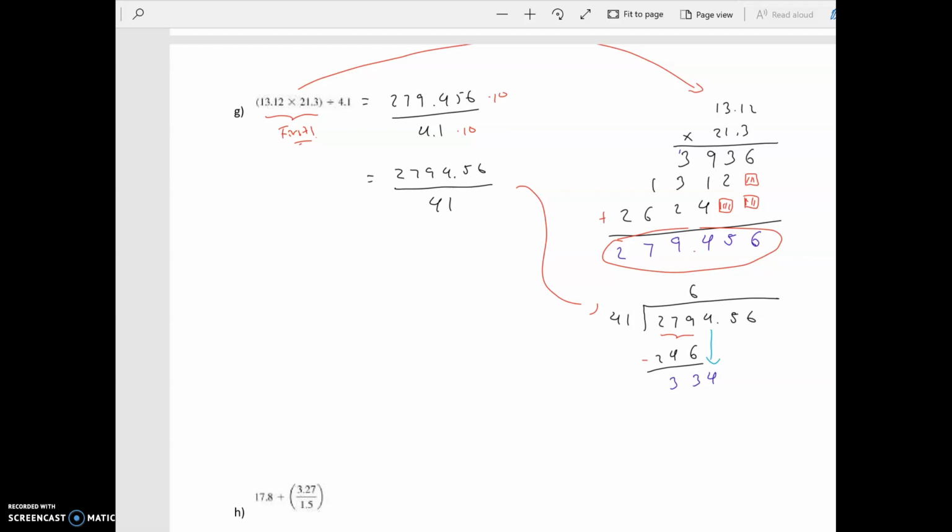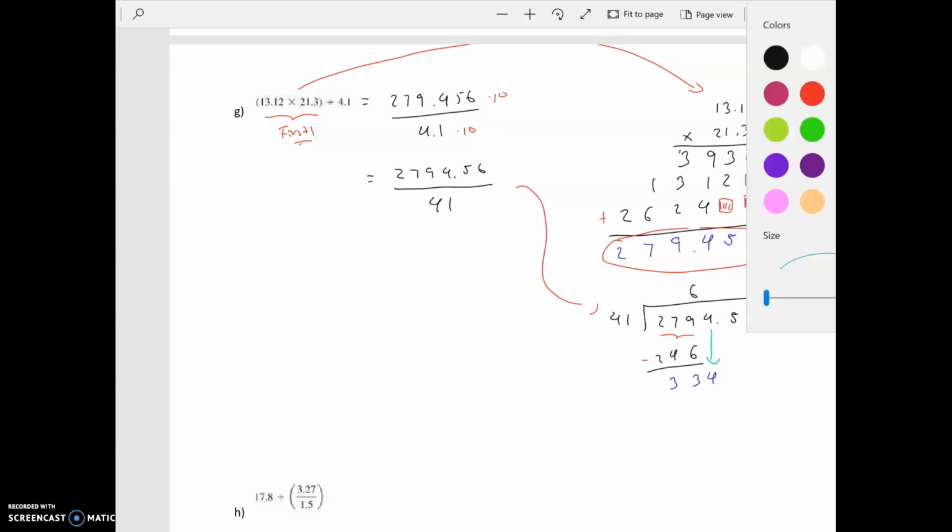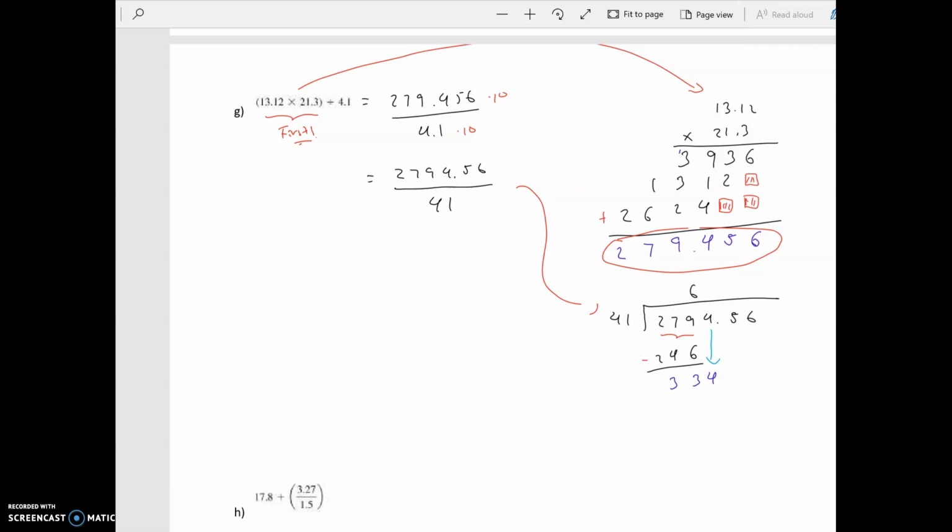And then at this point, you're looking at 41 fitting into 331. I think 8, because that would be 328. So it doesn't exceed it. So you're looking at 8 times 1 is equal to 8. And then 8 times 4 is equal to 32. So let's carry out the actual subtraction.